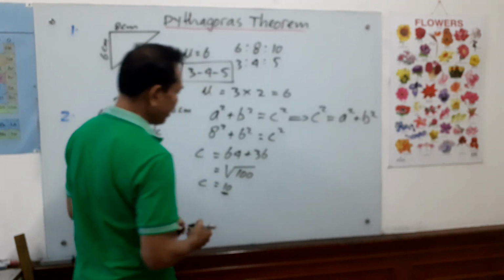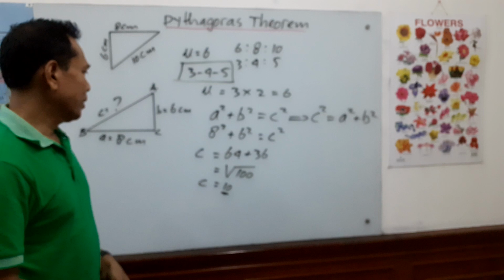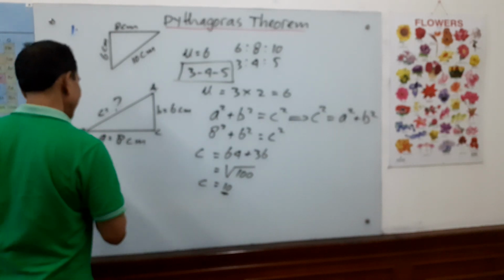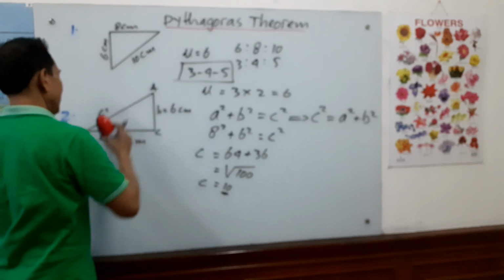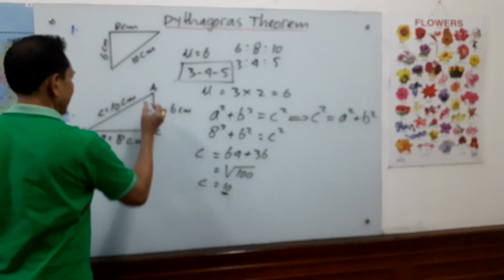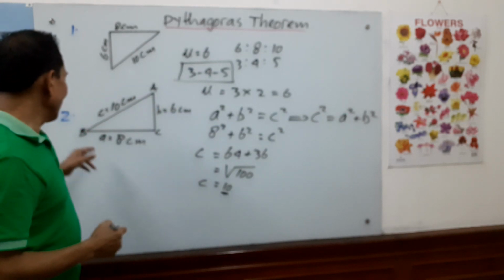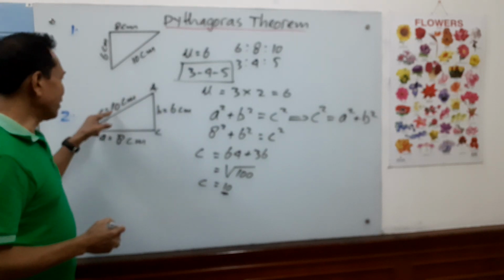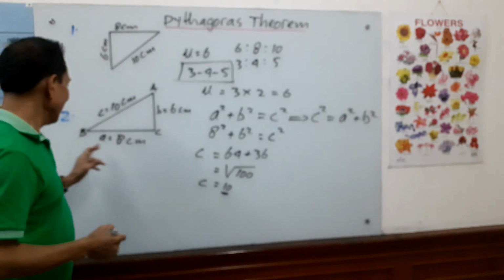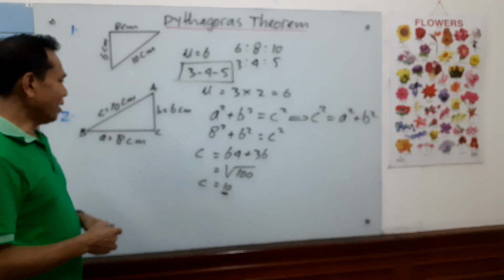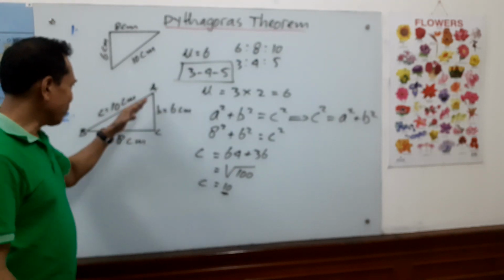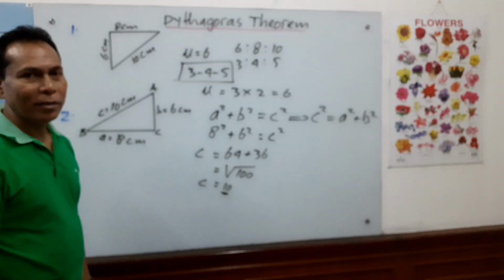So C equals 10. Now, we can put here 10 centimeters. So AB is 10 centimeters, AC is 6 centimeters, and BC is 8 centimeters. So it's done. C, this one here, the hypotenuse, is 10 centimeters.